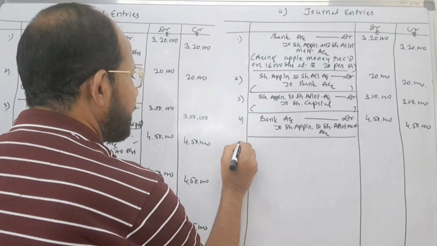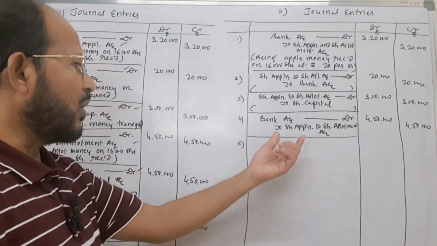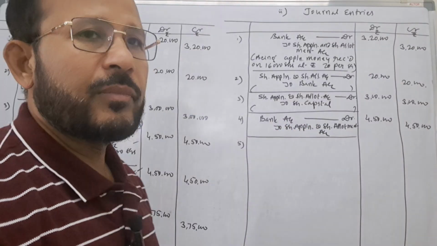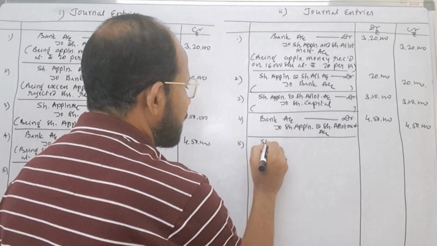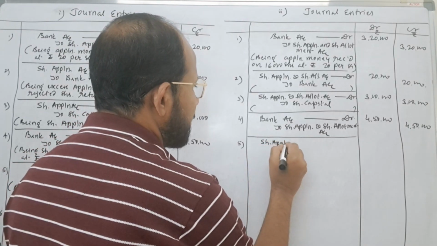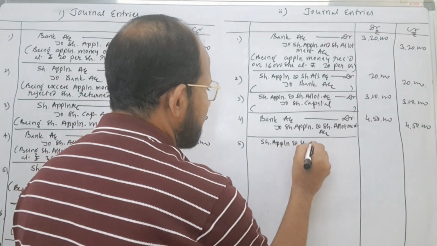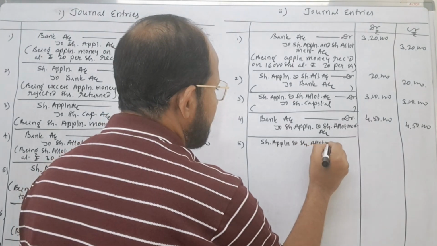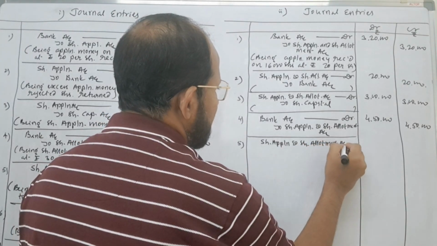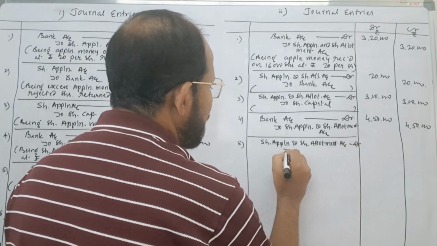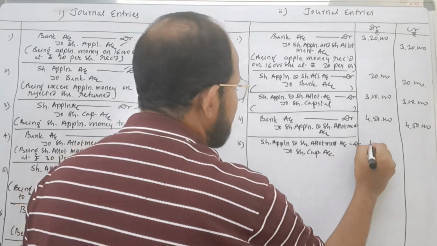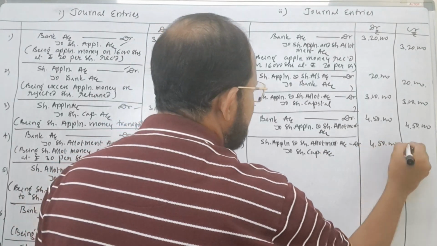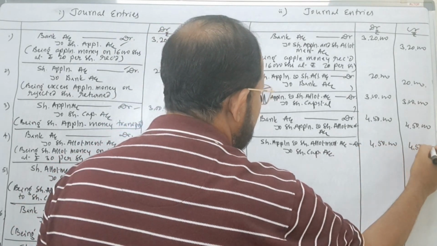Right, the same narration. Fifth one is when this allotment money is transferred to share capital account, we write here share application and share allotment account is debited to share capital account. Rupees 4,50,000, rupees 4,50,000.